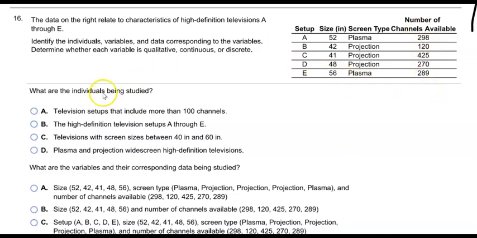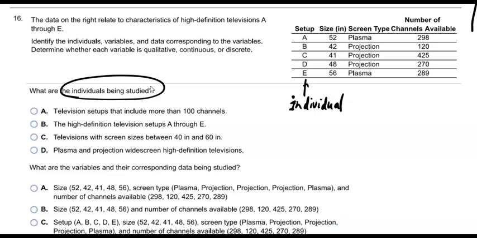You have to identify what the individual being studied here is. The individuals being studied here are those televisions, because we have collected the data from those televisions. These are called individuals. So the answer is B, the high definition television setups A through E.